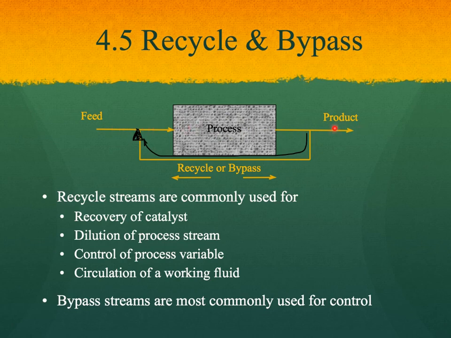But in order to control the temperature, you can't change the size of the heat exchanger, but you can take some of the cool material and bring it over here and cool this just a little bit if it got heated too much inside my exchanger. So we might use this as a bypass, typically for control scenarios.